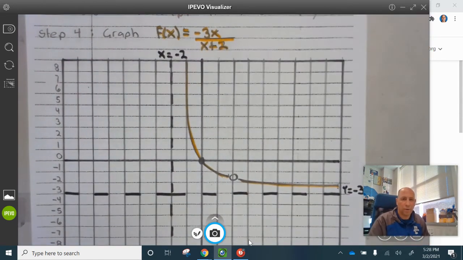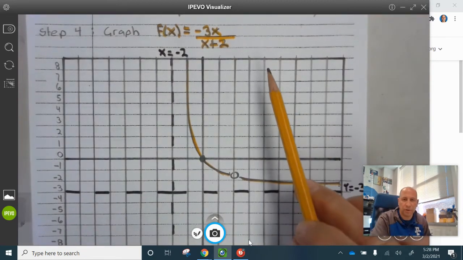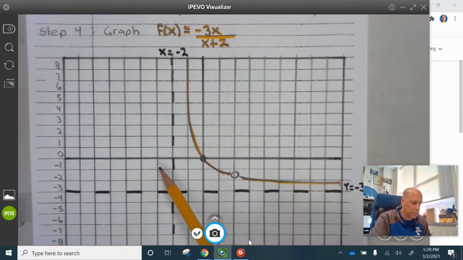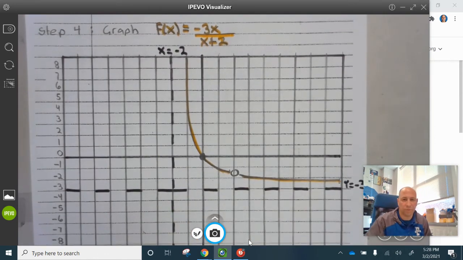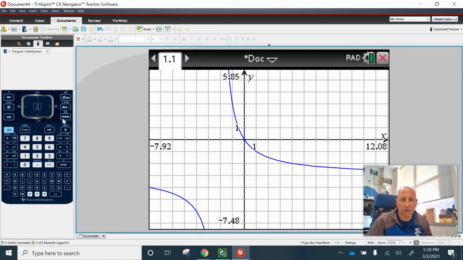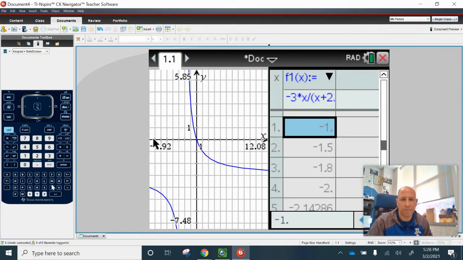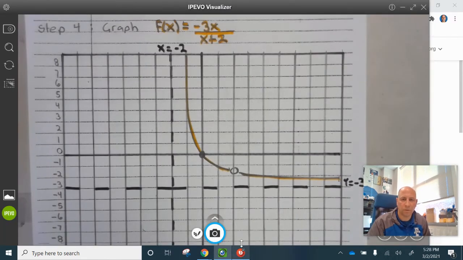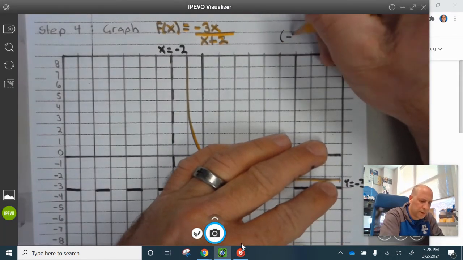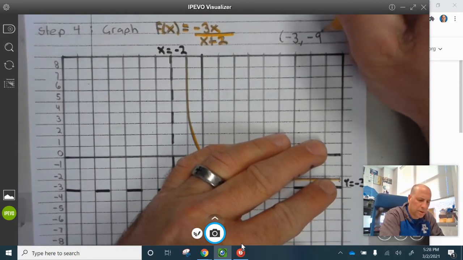Okay, now we need to graph this in the calculator, which I think we already did. And we need to pick a point to the left of -2 to find out if it's above or below the horizontal asymptote. Okay, so here I'm going to press Control T, and let's go to the left of -2, and we can use the point -3, -9.